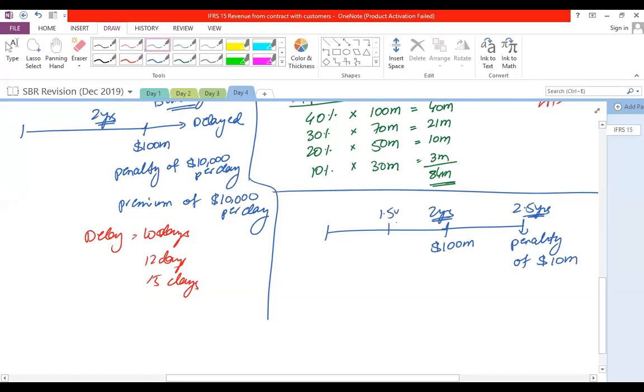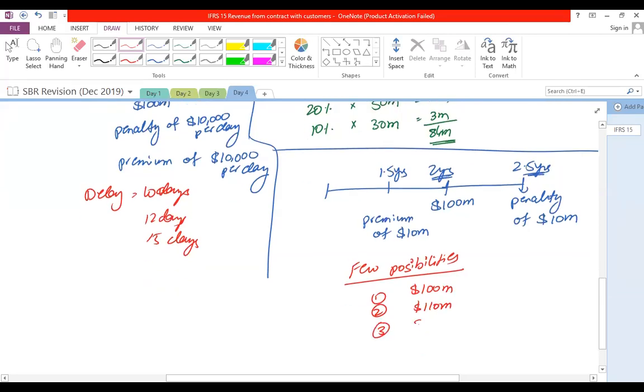And if it's done within 1.5 years, then a premium of $10 million will be given. In this case, there are only a few possibilities. In total, there are three possibilities. One, we get 100 million. The other, we get 110 million. The third is we get 90 million. So in this, the possibilities are quite few.